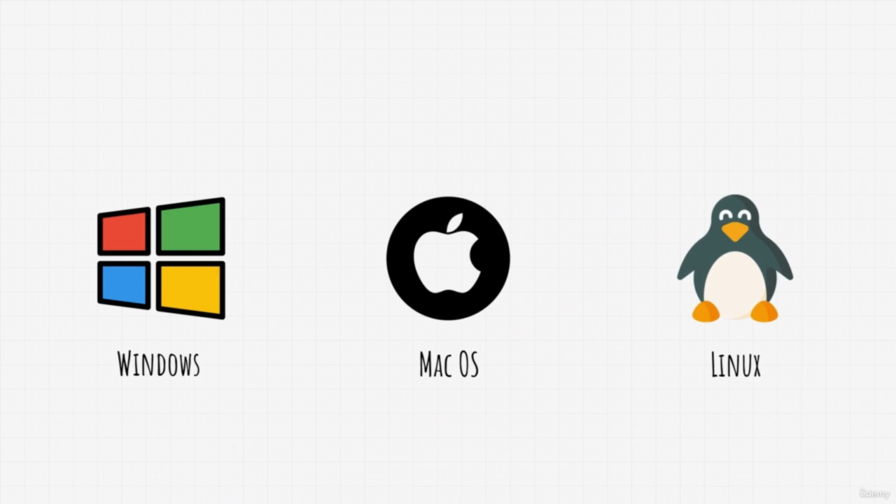Let me start like this. All of us are running an operating system, and 99.9% of us are running one of the three main operating systems. You either have Windows, Mac OS, or Linux. Most of you will have Windows or Mac OS. I doubt anyone will be running Linux, but nonetheless, these are the three main ones.